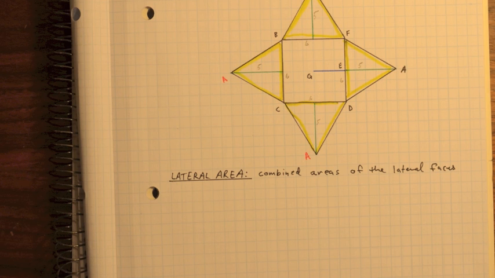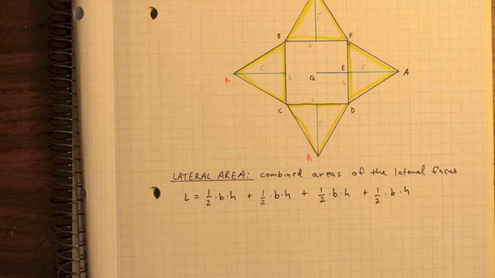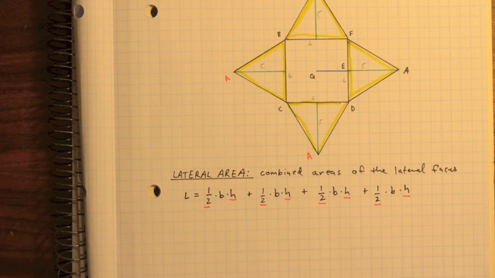The height is represented by the slant height, the green length. So 5. So we have 4 triangles, half base times height, plus half base times height, and so on. Please notice that each of these 4 terms has a 1/2, and each of them has the same height, right? The slant height is 5 for each of those 4 triangles.